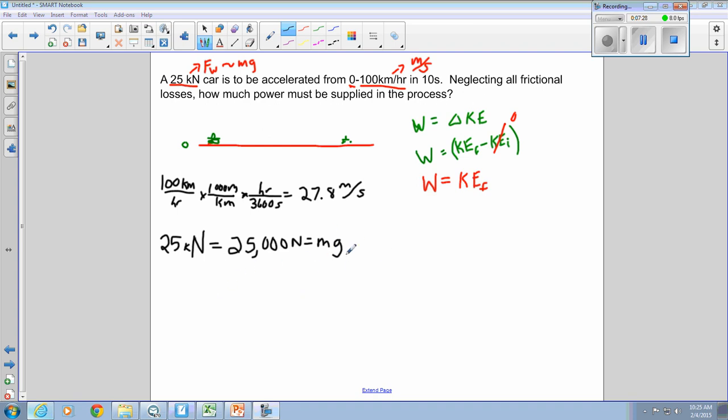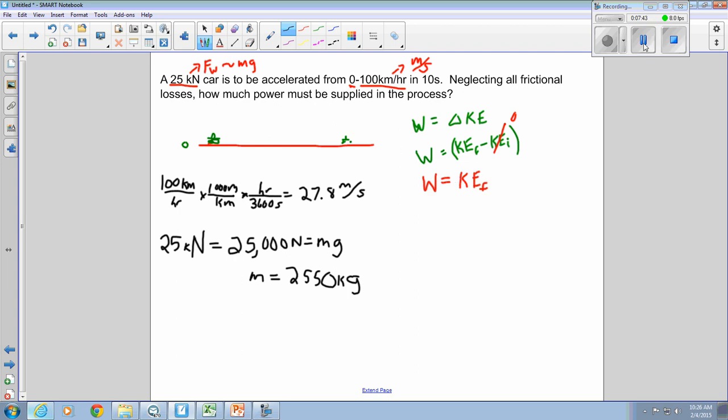Divide both sides by acceleration due to gravity, which is 9.81, and you get a mass equal to 2,550 kilograms.